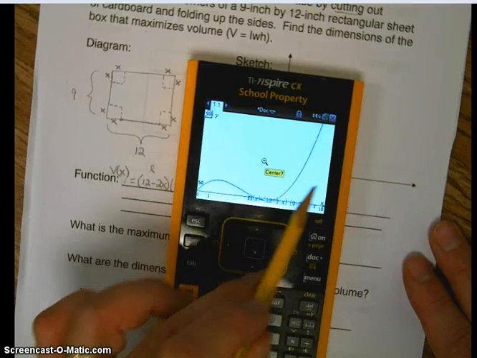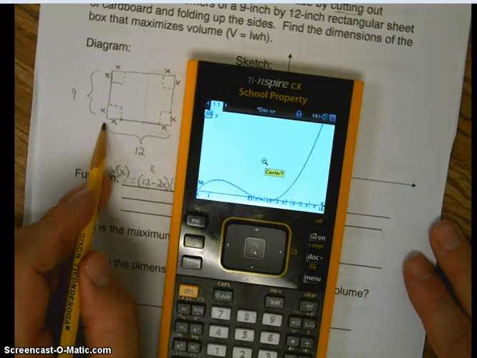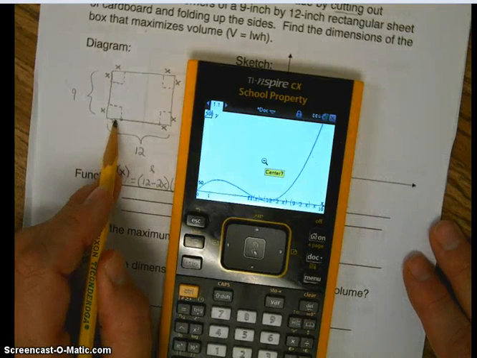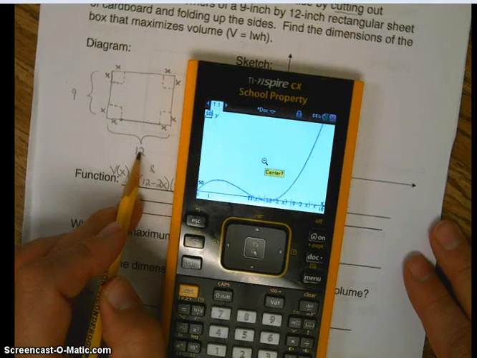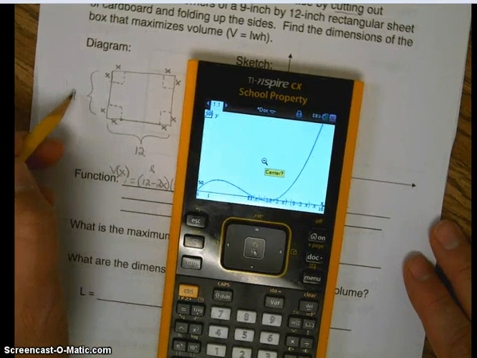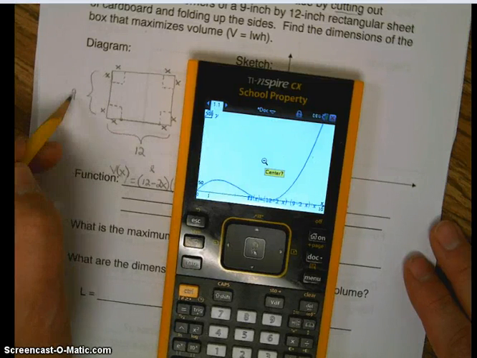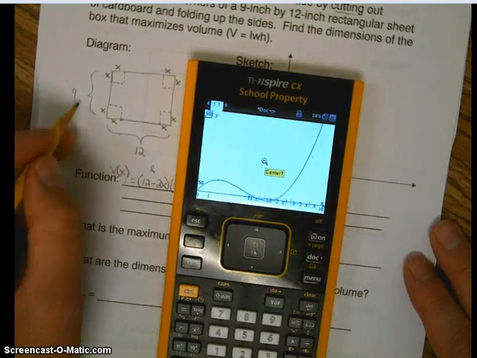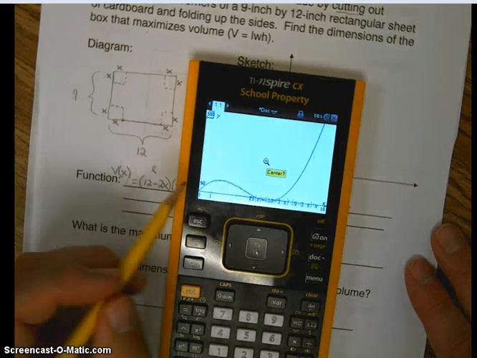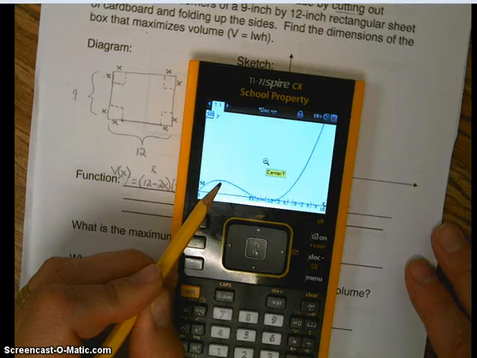This is an unreasonable part of the graph. We always have to think about our dimensions and our maximum height. Our maximum height couldn't be over 12, and actually it couldn't even be over 9 because here 9 is the largest width we could have. So we couldn't even go over 9. So we could actually go a little bit smaller than that. But so what we're looking for is our maximum height right here.